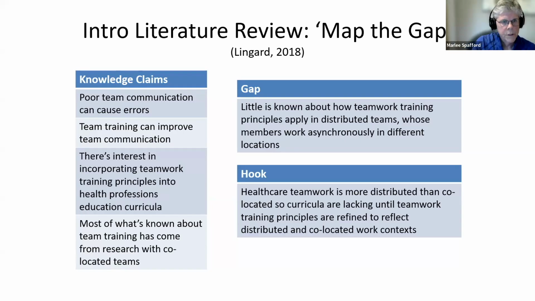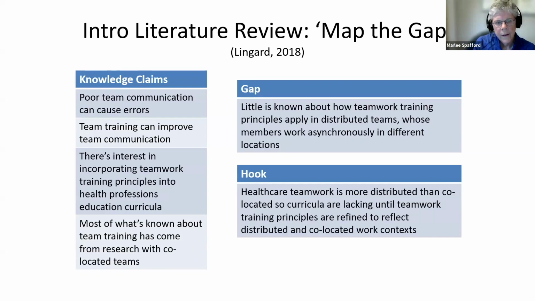So we know poor team communication causes problems, but it's a trainable thing. And then the third thing is that there's interest in incorporating teamwork training principles into health professional education curricula. So now we brought in education. Yeah, we should teach teamwork. And that's something we could put some citations on.